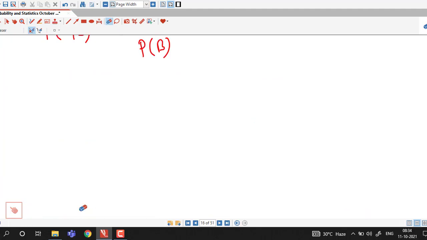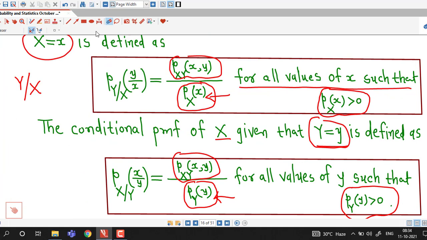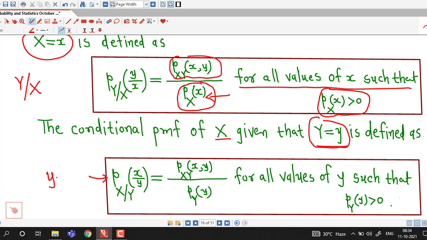So we are using this definition for all values of y for which it is defined. We are using it for y equal to 1, because we are asked to find the probability of X given that Y equal to 1.